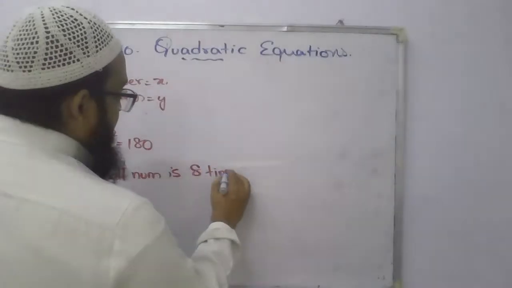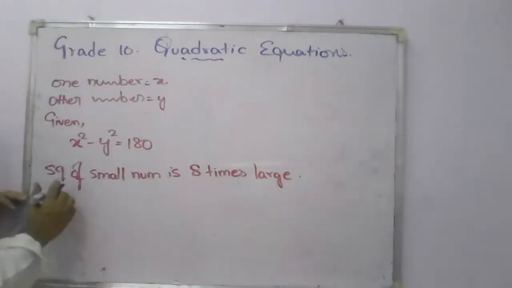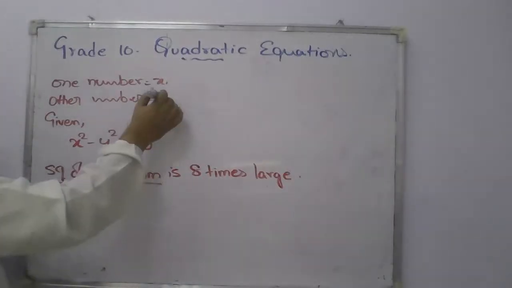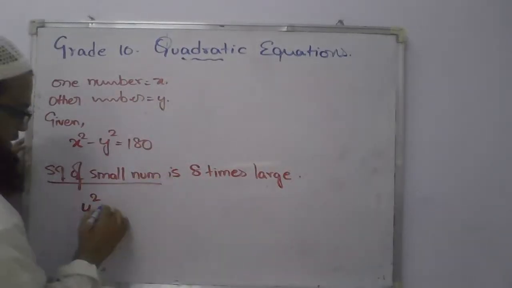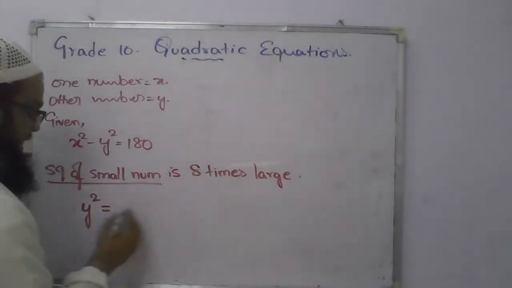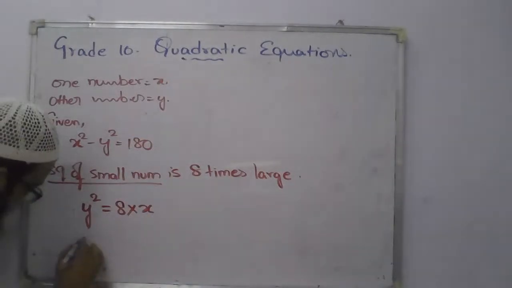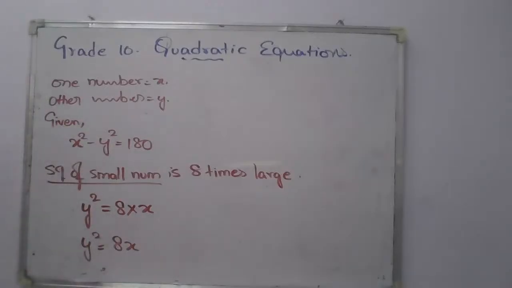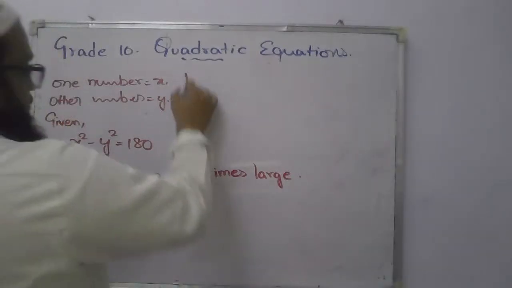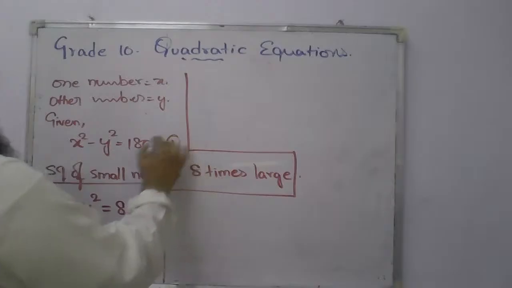So what is the square of the smaller number? Square of the smaller number is y square, which is equal to 8 times the larger number. What is the larger number? 8x. So that means y square is equal to 8x. Do you understand, my dear students? y square is equal to 8x. Now, what is the first equation? This is the first equation.